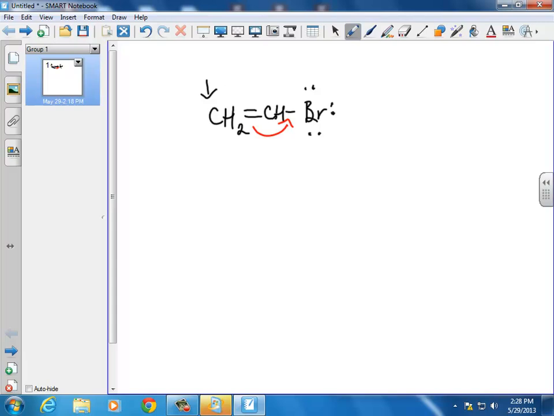So the best thing that we can do for this structure, the best resonance structure that we can draw, would consist of moving in a pair of lone pairs from bromine and form a double bond, and then move a pair of electrons onto that carbon atom.